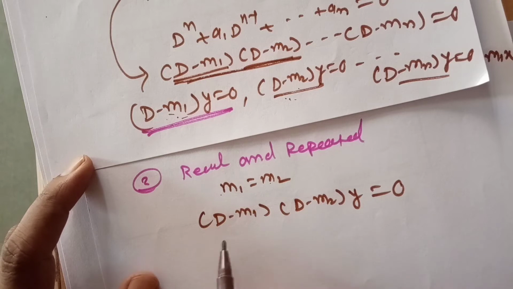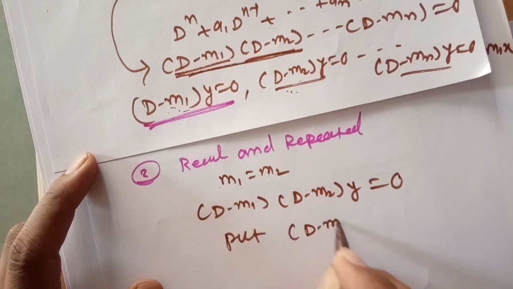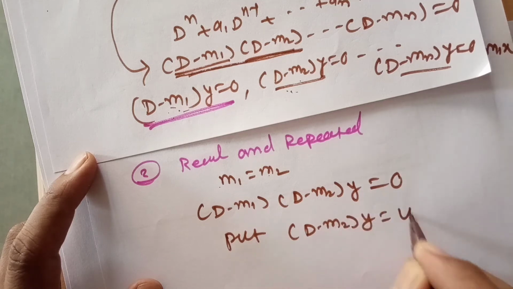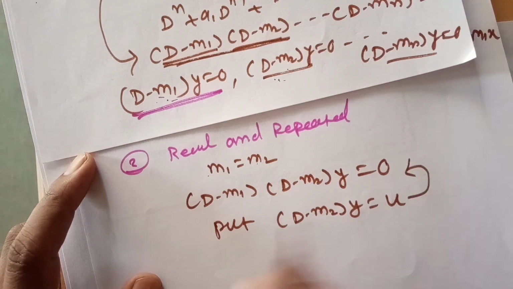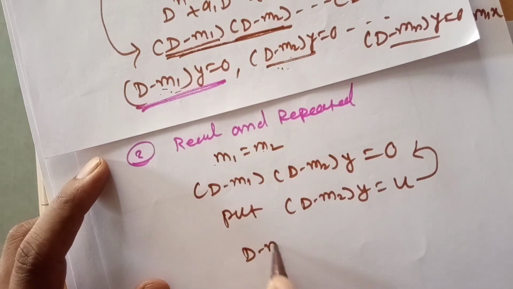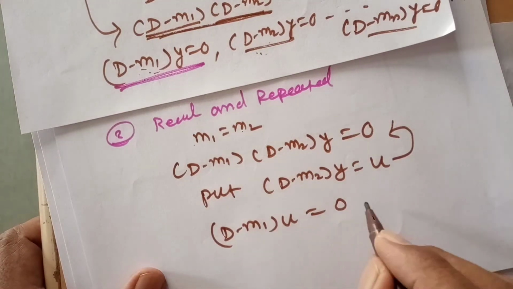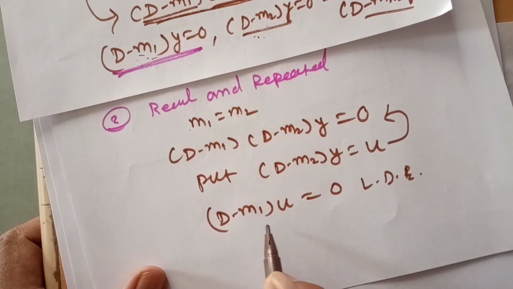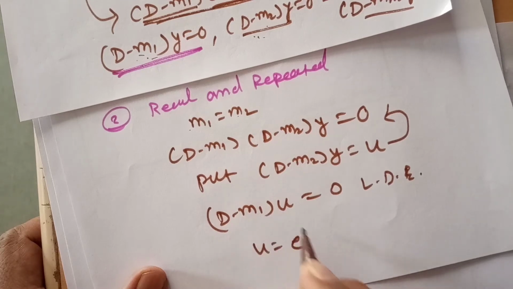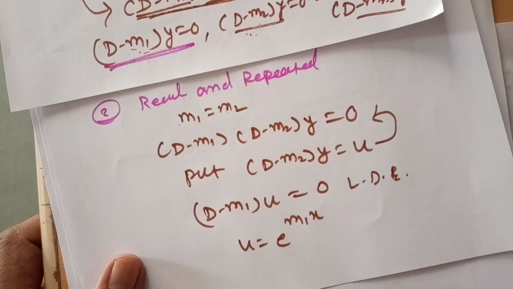Here I will put (D minus m2) into y equal to, suppose, u. Then the above equation we can write as (D minus m1) into u, this term is u, is equal to 0. Now this becomes again a linear differential equation of first order and first degree. Therefore we are getting directly the solution of this: u equal to e raised to m1x.